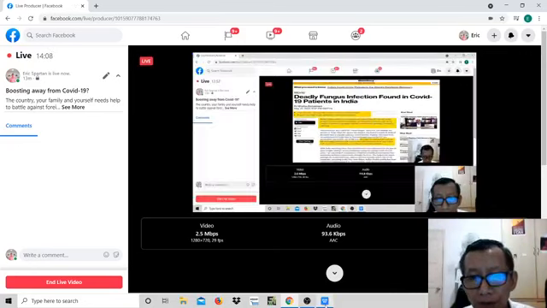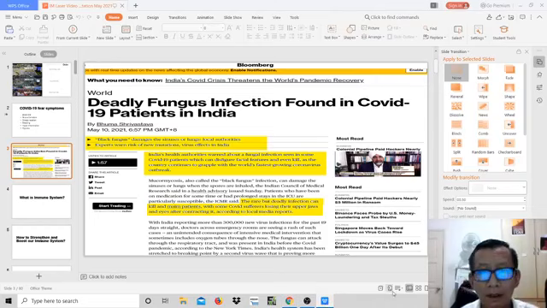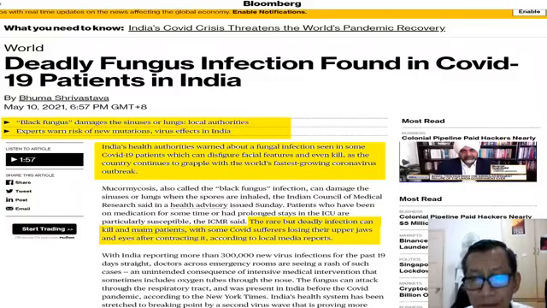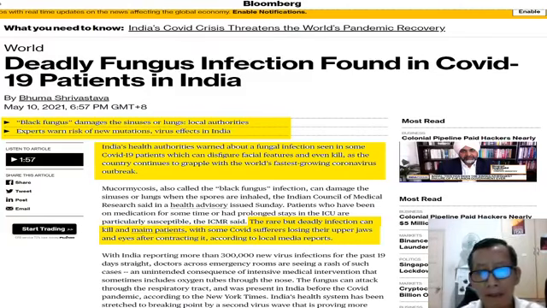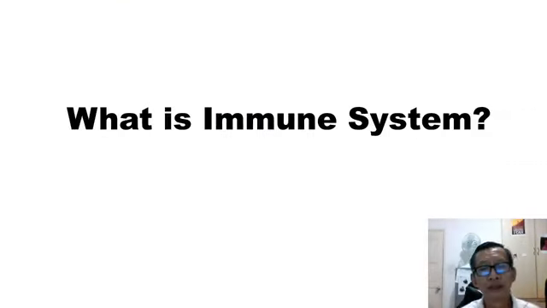Now the issue is, these viruses have somehow made everyone panic. Now we cannot do much, except we need to take care of our immune system. And what actually is the immune system?